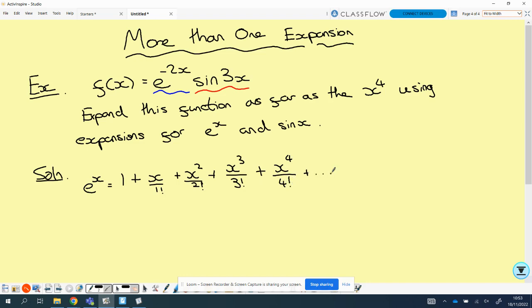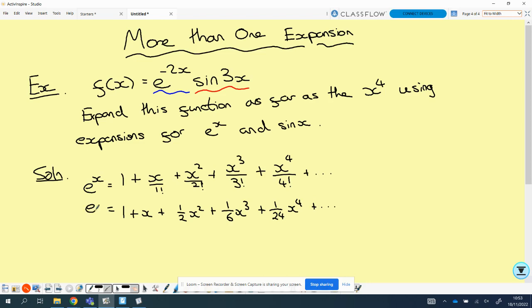That's what the exponential one was that we wrote down yesterday, and then we tidied it up. I don't need to go any further because x to the power 5 would be past what I need. So that becomes 1 plus x plus a half x squared plus a sixth x cubed. 4 factorial is 24, so that's 1 over 24 x to the power 4, dot dot dot. Okay, so that's just the e to the x.